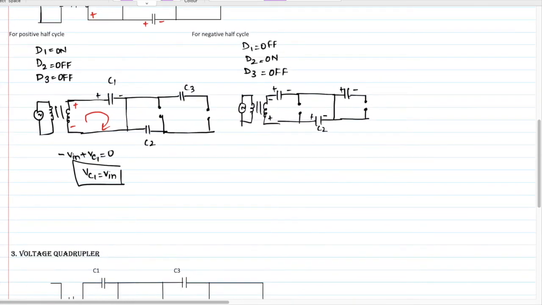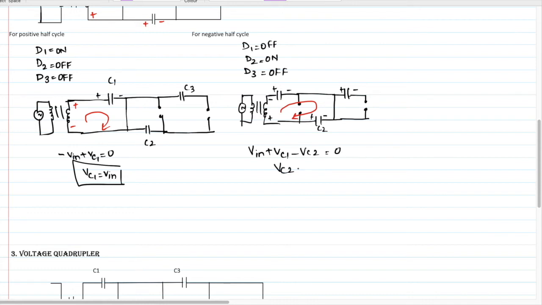Okay. So now apply KVL. You can apply KVL because this is a closed circuit, but you can't apply it to the other part because it is in open condition. So plus to minus: V in, and the capacitor also plus to minus: Vc1. This capacitor is from minus to plus, so minus Vc2 equals 0.